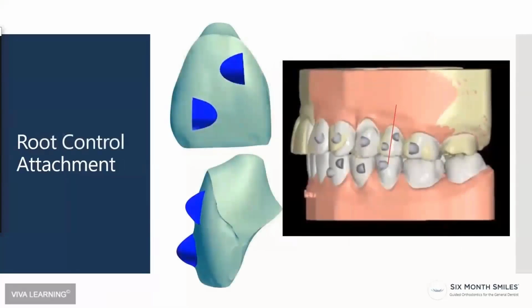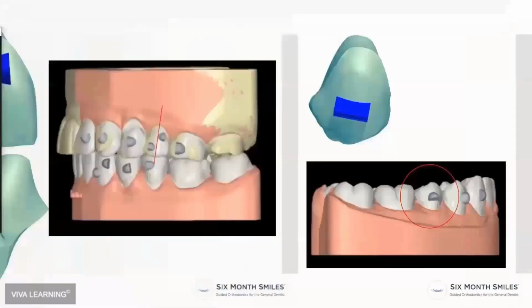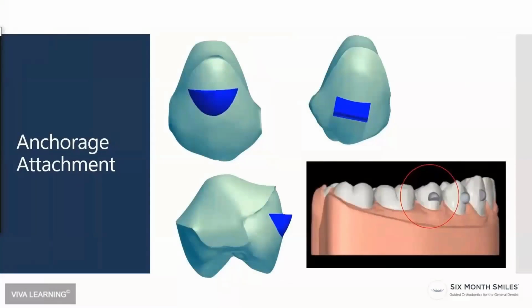The root control attachment is also important because, as I mentioned, the aligners are not bonded to the teeth. So moving the roots mesially or distally through the bone will be more challenging without this feature that we provide. And then finally, the anchorage attachment. That's basically the only attachment that is placed onto a tooth that doesn't necessarily have to move.